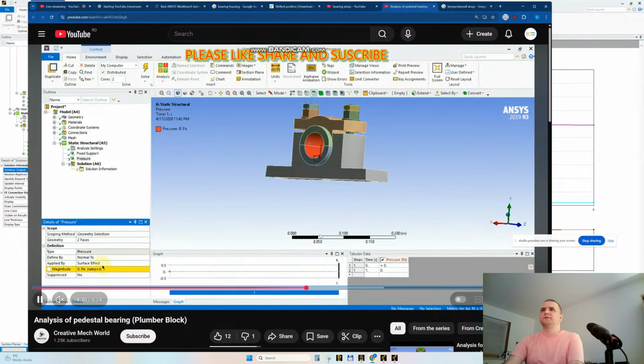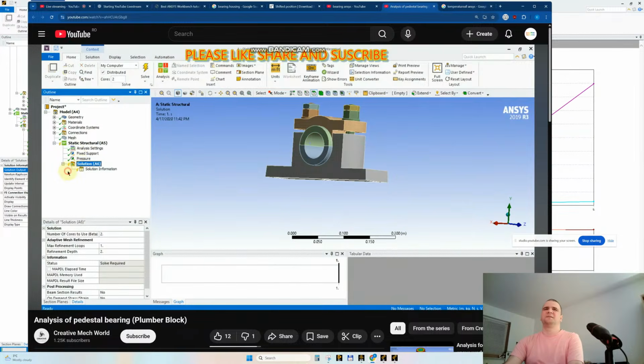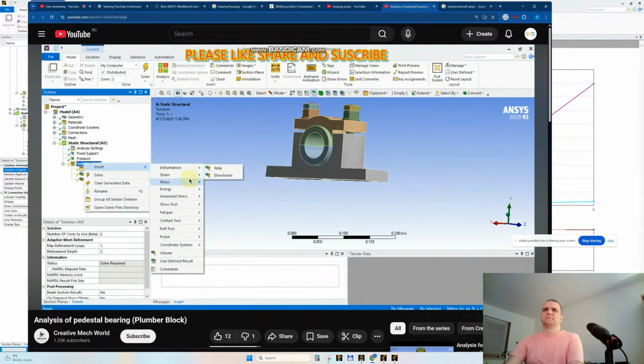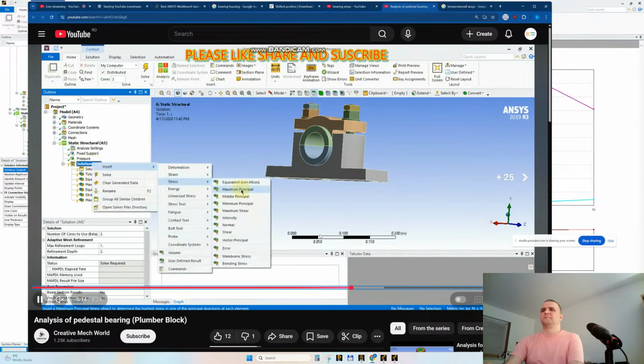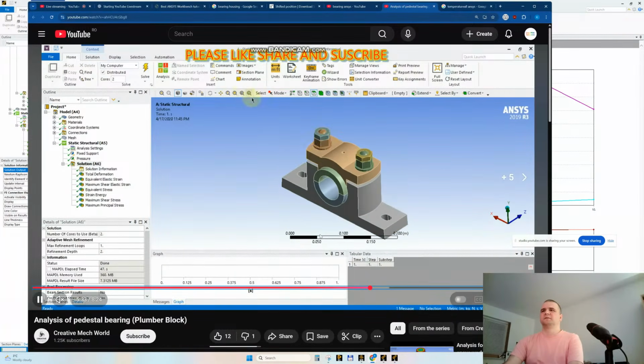He's putting a pressure like this. 30 pascals. It's too little. It's nothing. 30 pascals is nothing.